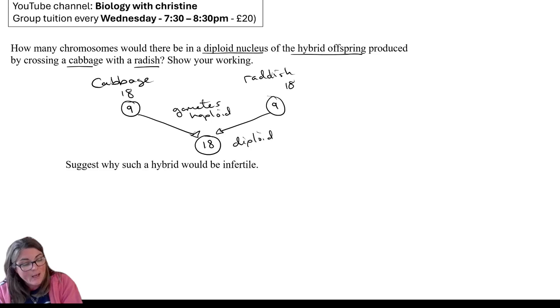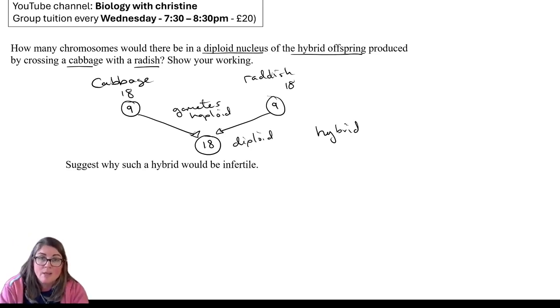So we have a hybrid, because we've taken the chromosomes from a cabbage and the chromosomes from the radish and we have mated them, cross-pollinated, so that we end up with a diploid offspring. Now what's really interesting is they could then go on and say, well, why would this diploid hybrid be infertile?